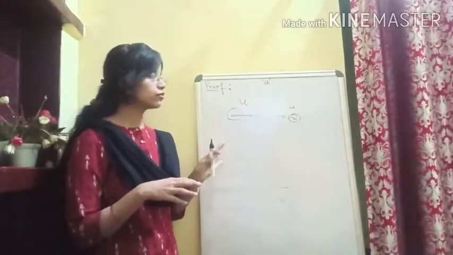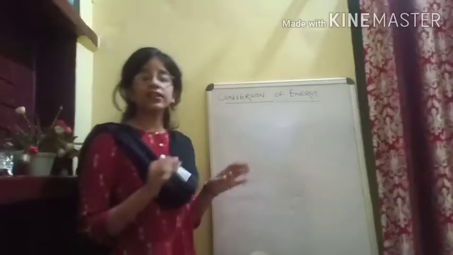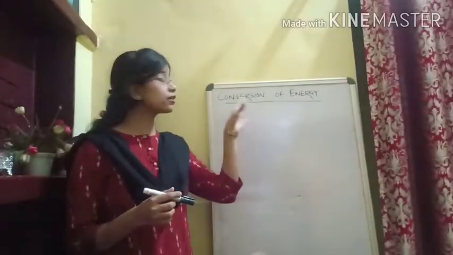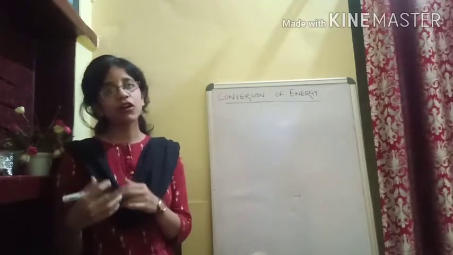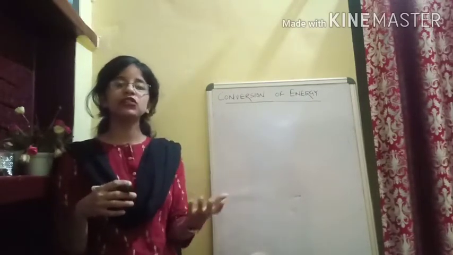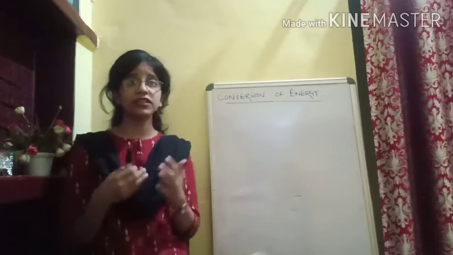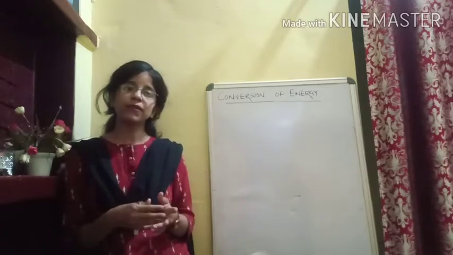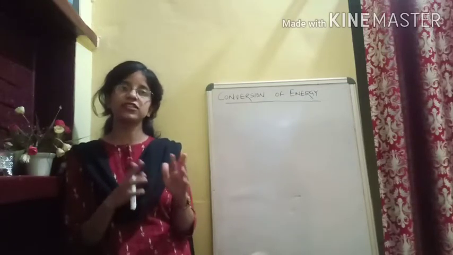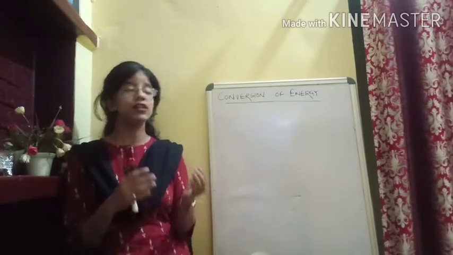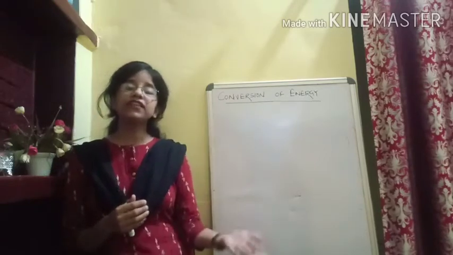So now this is what we are going to see. Our next topic is the conversion of energy. We know that one form of energy can be converted into another form of energy. We know there are many types of energies, as we have learned about mechanical energy, kinetic energy and potential energy. The sum of kinetic energy and potential energy is mechanical energy, and it can be converted into other forms of energy.